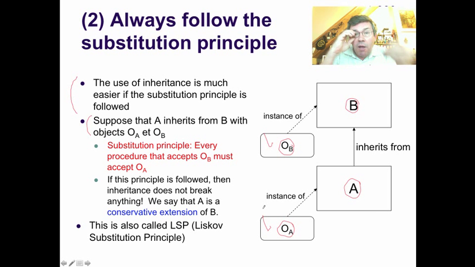If we have a procedure that works for objects of a given class, it must also work for objects of subclasses. If this principle is followed, then inheritance will not break anything. We say that A is a conservative extension of B in that case. This principle is also called the Liskov substitution principle. In fact, this is the same Barbara Liskov who invented CLU.